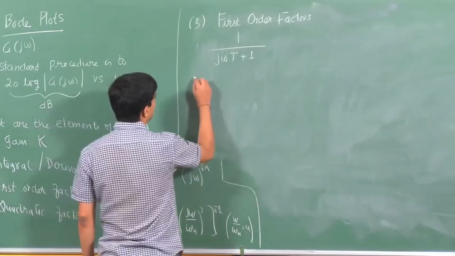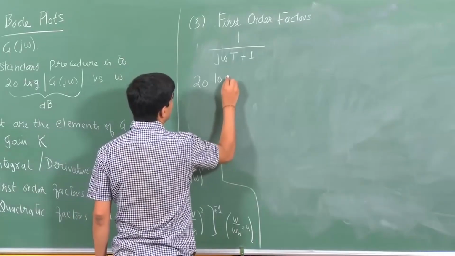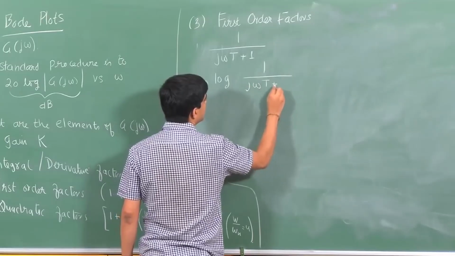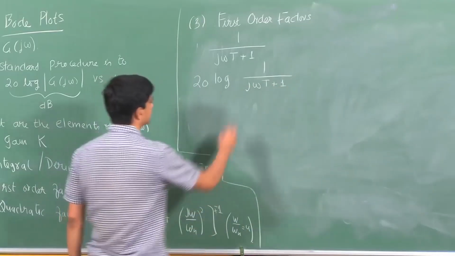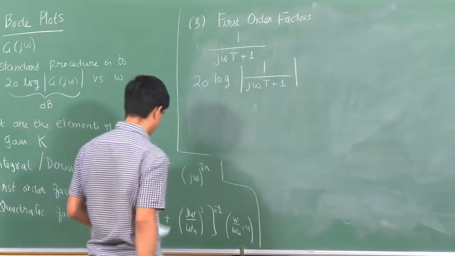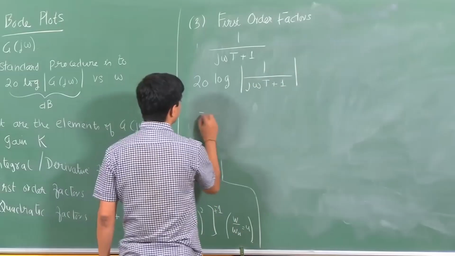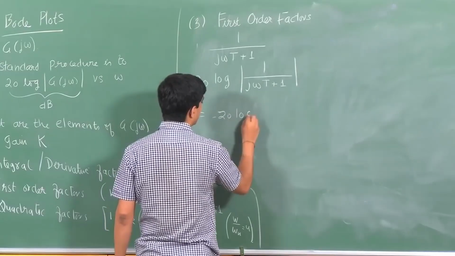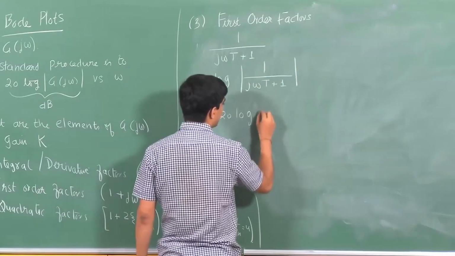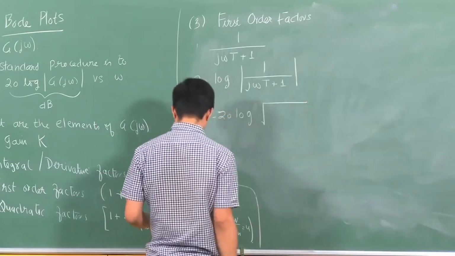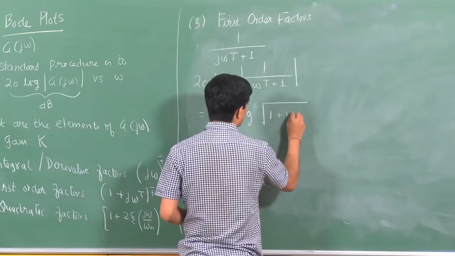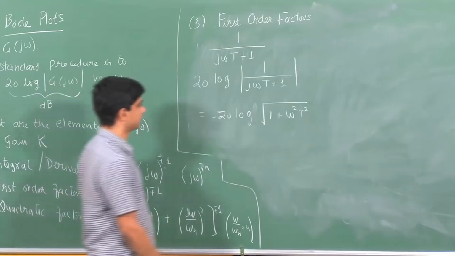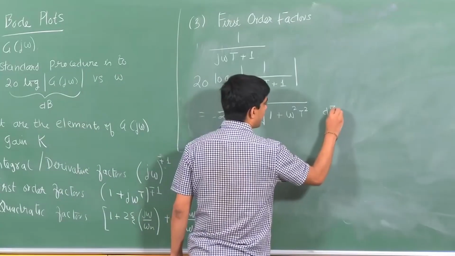Okay, now how will the magnitude look like? 20 log 1 over j omega T plus 1, right, the magnitude of this thing. So, what is the magnitude? Well, you can just get this 20 log, I will get this upstairs, that would just be square root of 1 plus omega square T square, right, all again in decibels.